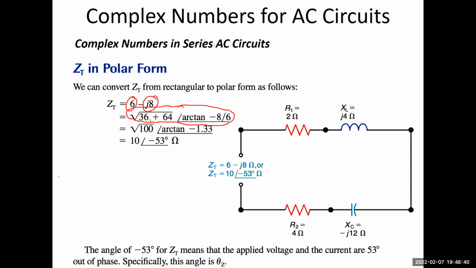That will now be your component R. And then for the phase angle, you take the arctangent of the relation between negative J8 and 6, so that is negative 8 over 6. It will give you arctan of 1.33, and arctan of 1.33 is equal to negative 53 degrees. So sa calculator, simpleng-simple yan.